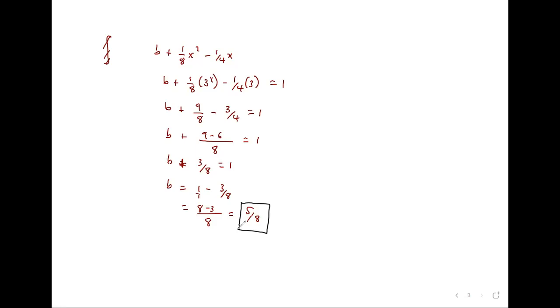What about C? What about A? Could there be a shortcut method? We also got a shortcut method here. So something like you get 1 over 2x minus 1/8x.